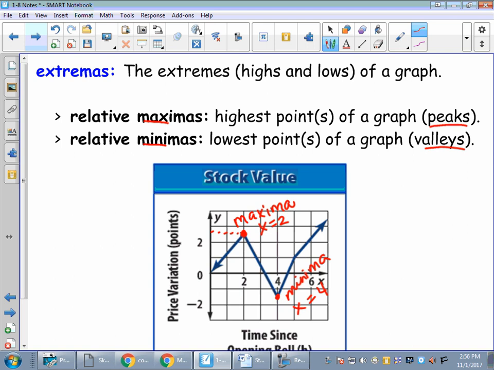And then the minimum value of that stock for that particular day happened about 4 hours after opening bell, and that minimum value was just almost -2, about -1.5 units, or points, I should say. So just making sense of it all. To make sense of the graph, though, again, you have to take in consideration the title and then the labels of your x and y, what those x and y's represent.